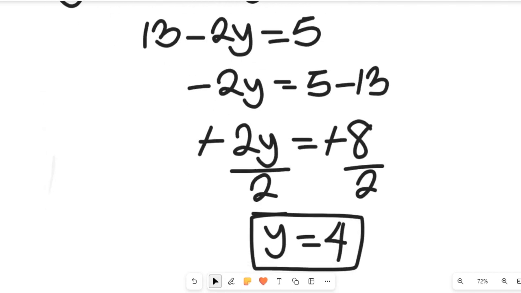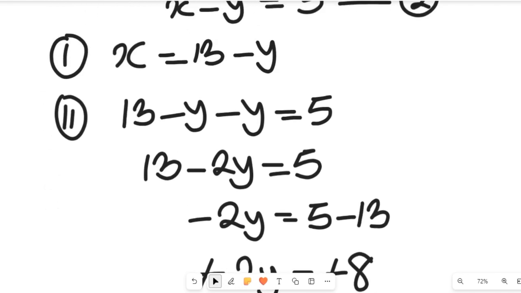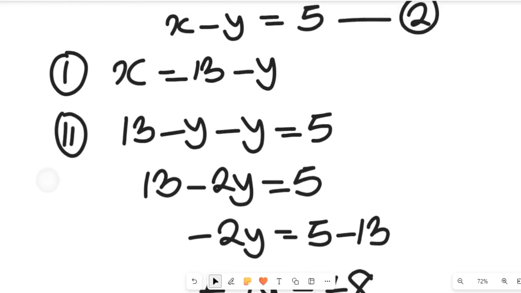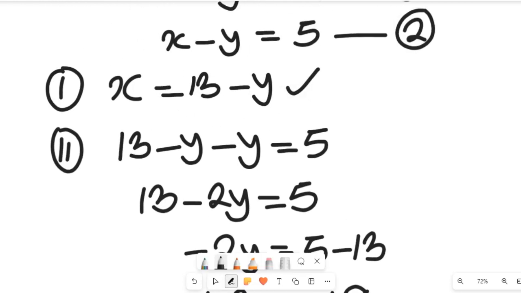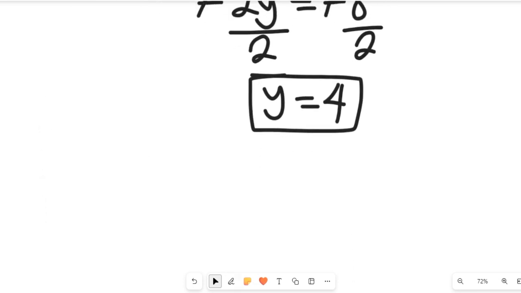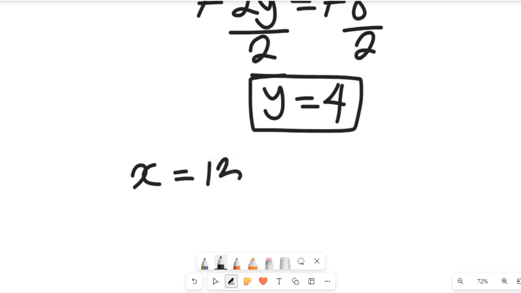Now remember, we said from equation 1. Now let's put the value of y equal to 4 into equation 1, which we derived. If we do that, we have x equal to 13 minus y. So we have x equal to 13 minus 4, as we are imparting the value of y equal to 4.